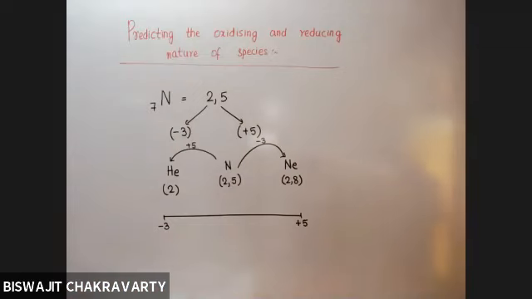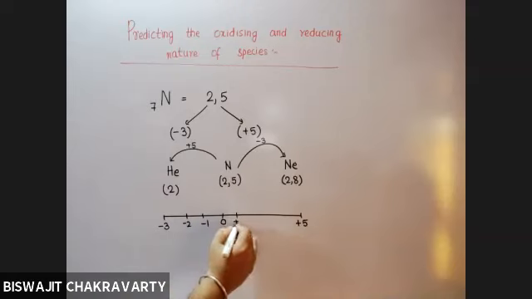Here, it cannot show an oxidation state lower than -3. -2, -1 can be shown, but -4, -5, -6 cannot be shown. Understood or not? Because you are all familiar with the number line, isn't it?